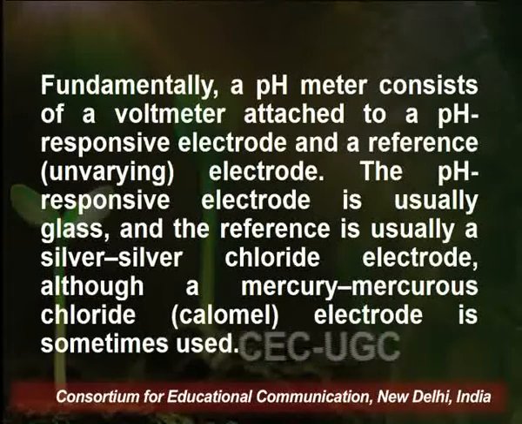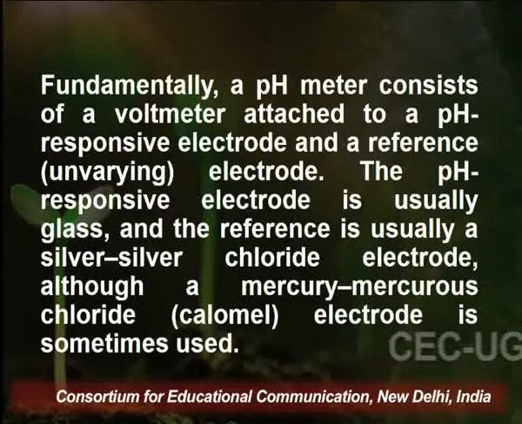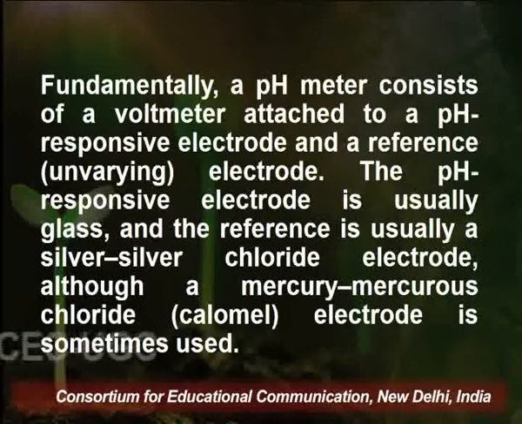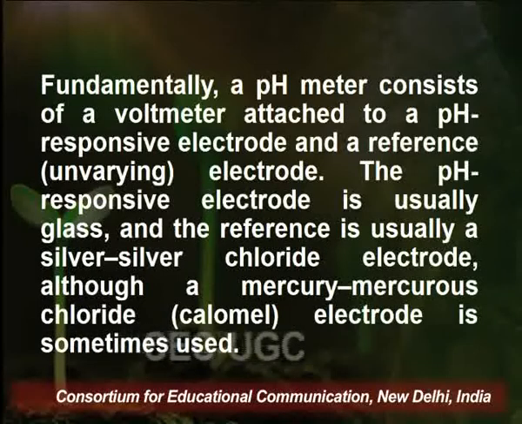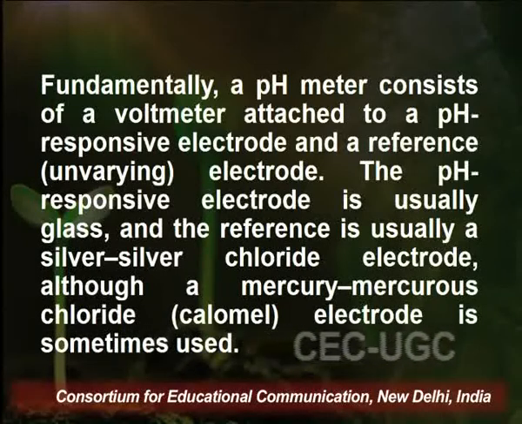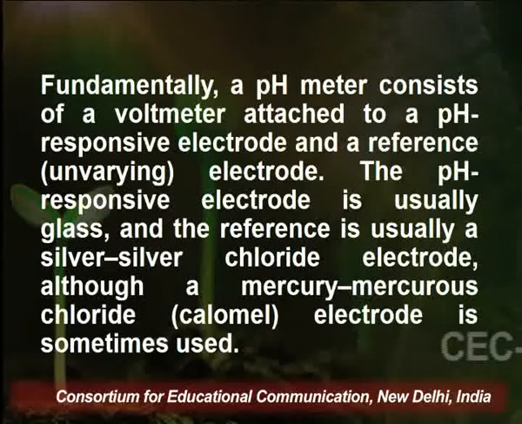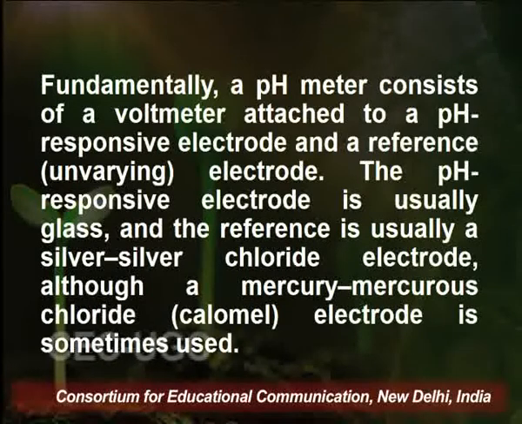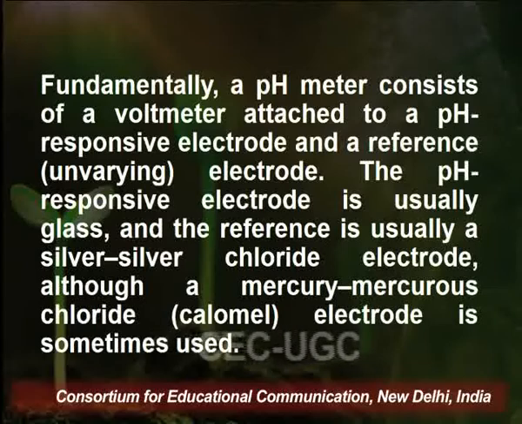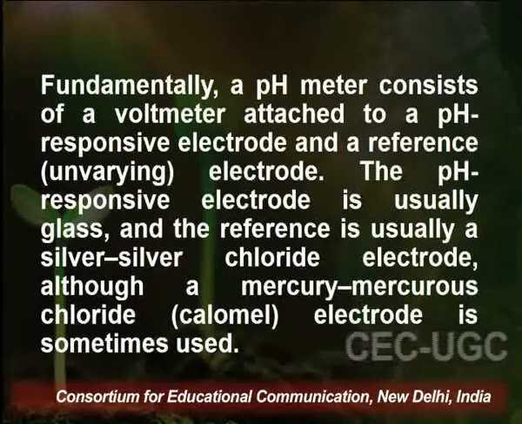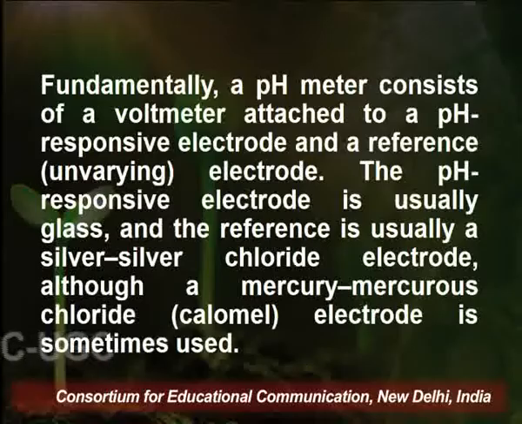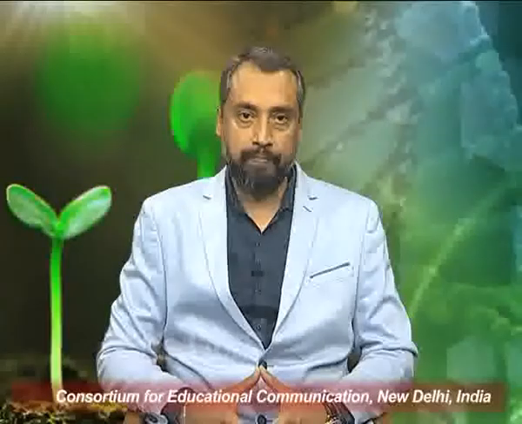So fundamentally a pH meter consists of a voltmeter attached to a pH responsive electrode and a reference electrode. A reference electrode can also be called an unvarying electrode. The pH responsive electrode is usually made up of glass, and the reference electrode is usually a silver chloride electrode.